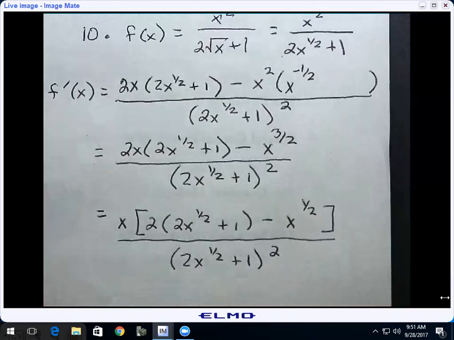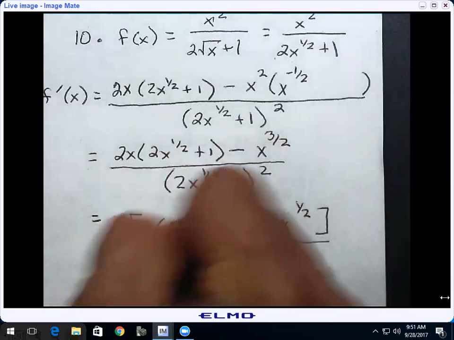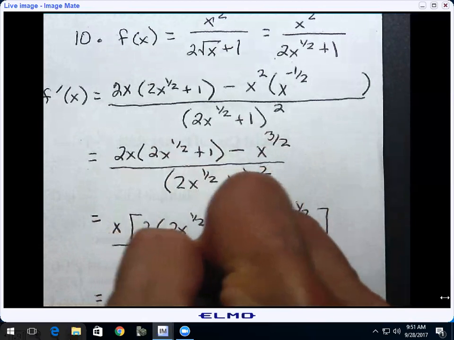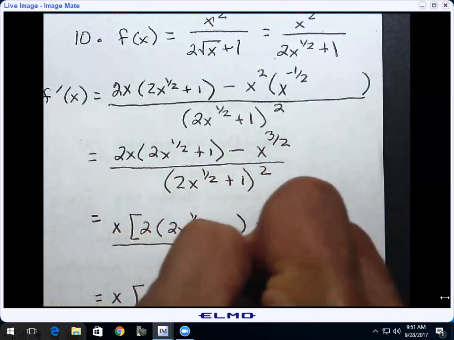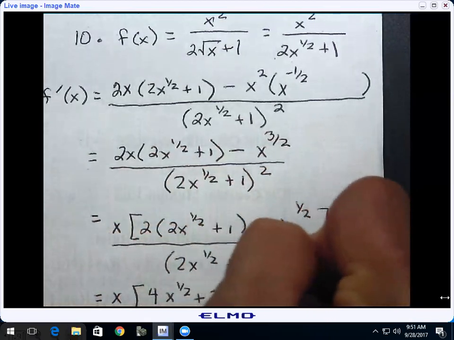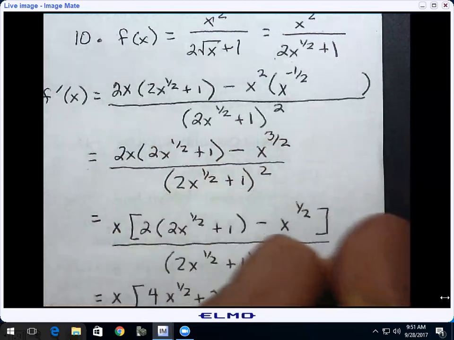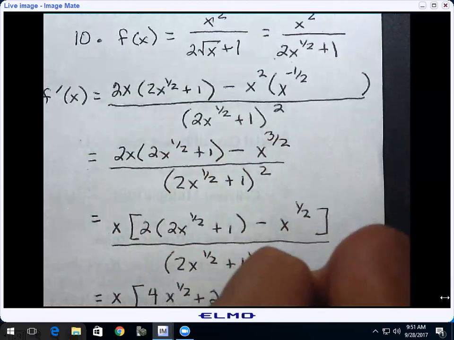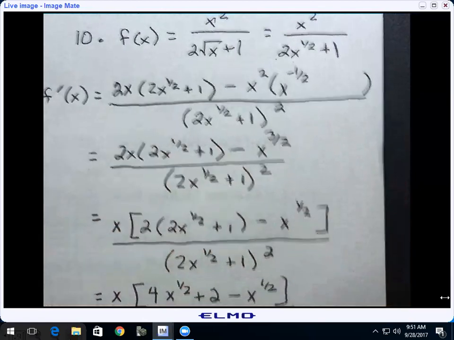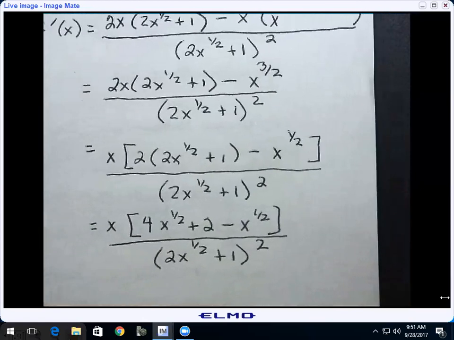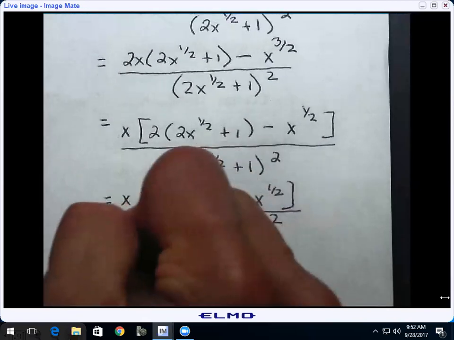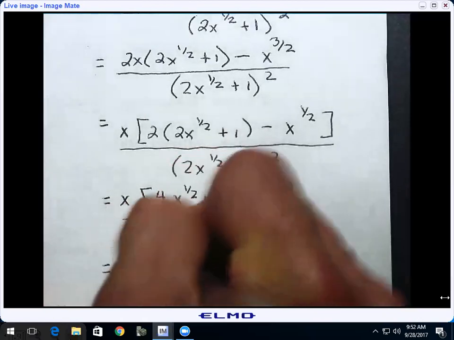And then what can you clean up? Well, inside the brackets, you could distribute that 2. And then you have like terms you can combine.